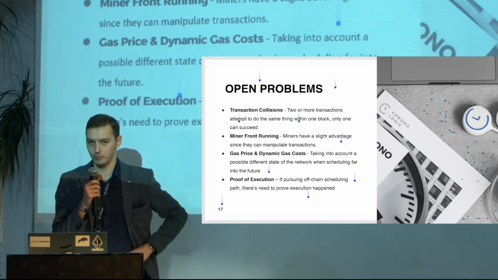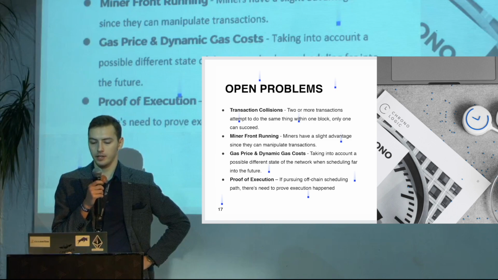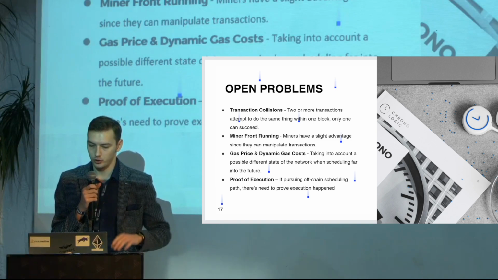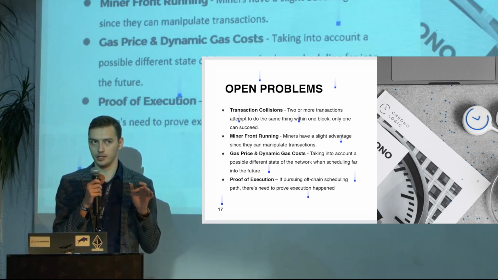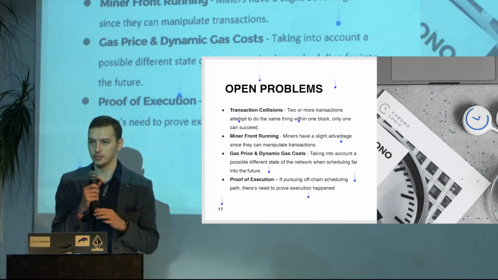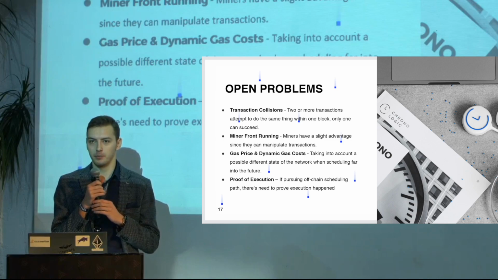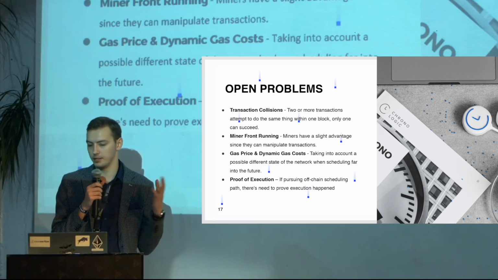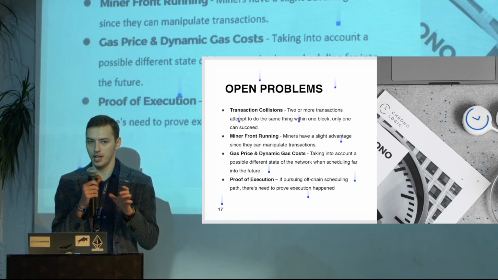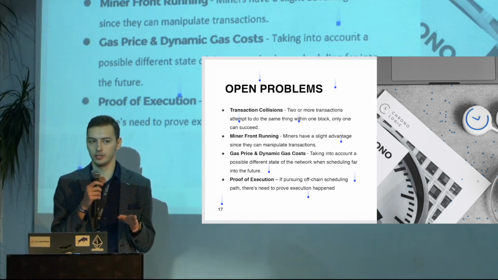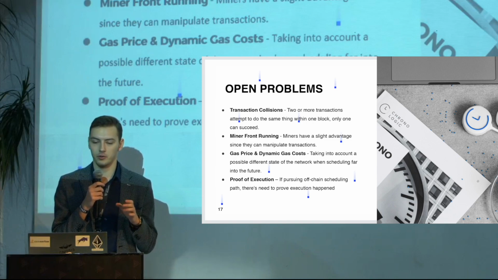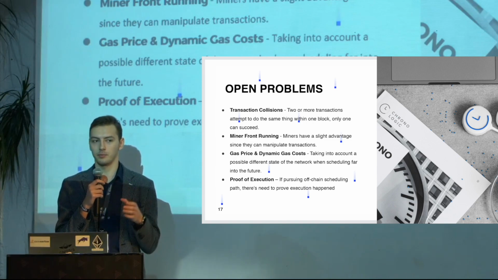But what we've been experimenting and playing with is creating a gas price options market, where you could basically pay someone like 1 Ether or an arbitrary price, and they agree to execute your transactions, whatever the gas price is going to be for the next month.